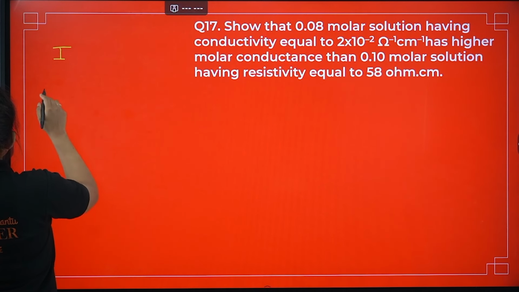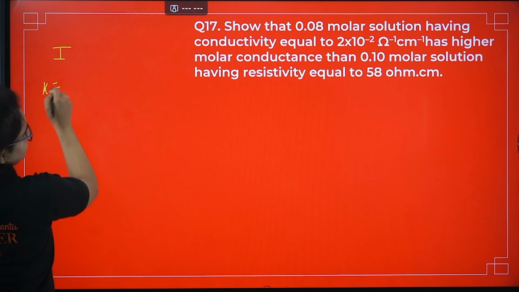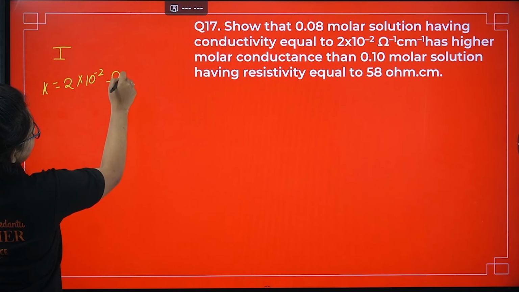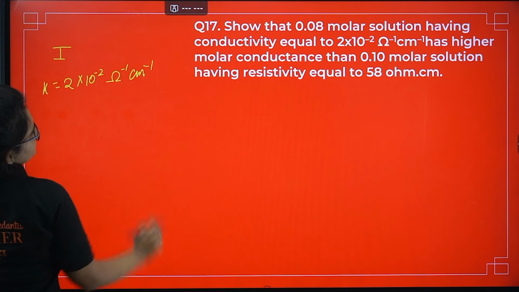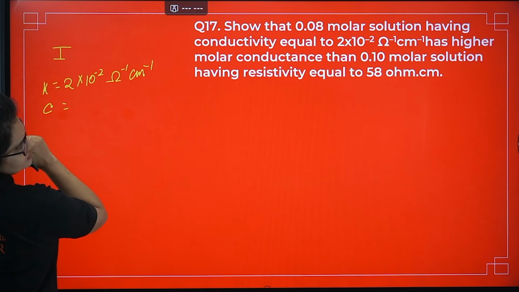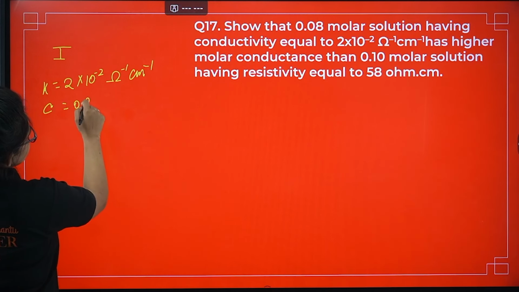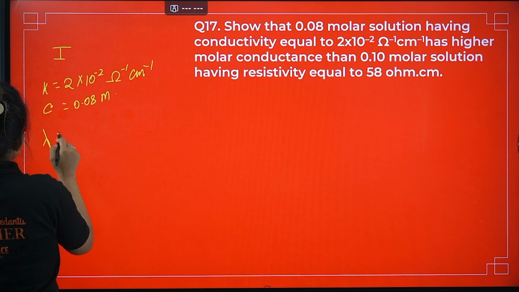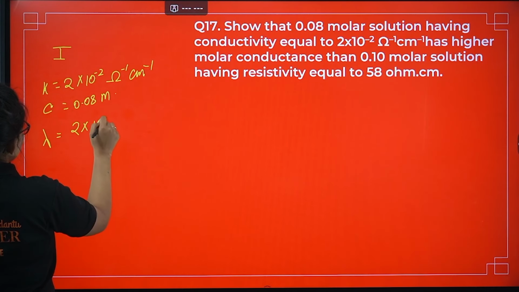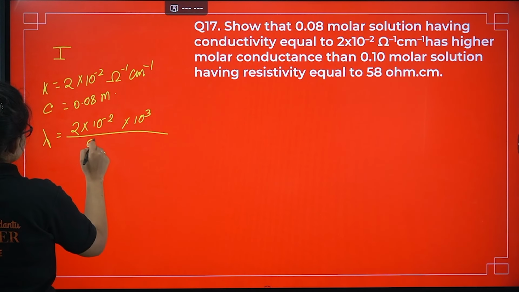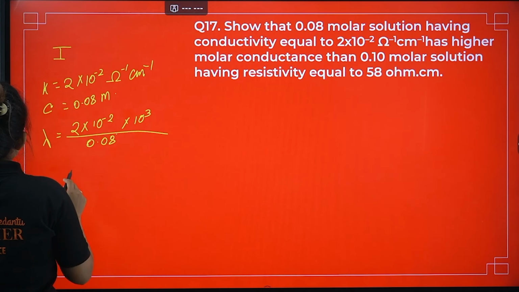For the first solution, kappa is given as 2 into 10 power minus 2 ohm inverse centimeter inverse, and the concentration is 0.08 molar. So lambda m is 2 into 10 power minus 2 into 1000 divided by 0.08.